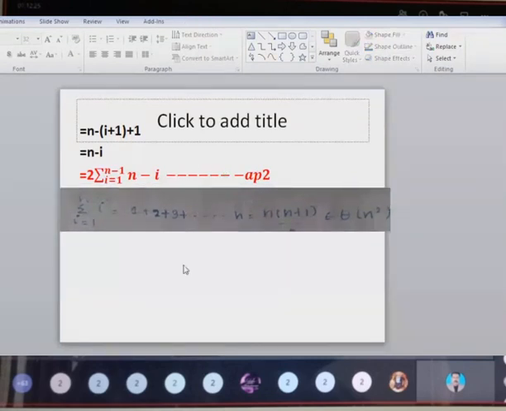Right, this is formula number 2. Now we are going to write the summation based on this formula.